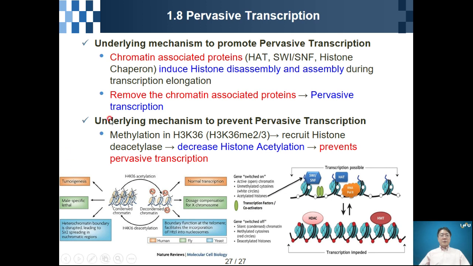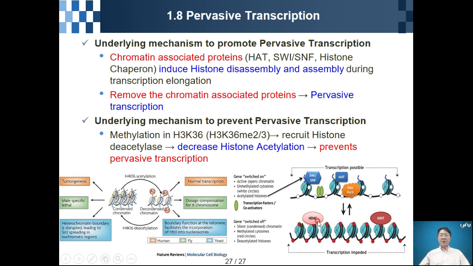Okay, so after that, there is another mechanism to prevent pervasive transcription. When methylation happens on histone 3 protein, especially K, which is lysine, especially at the 36th lysine position, it is methylated.